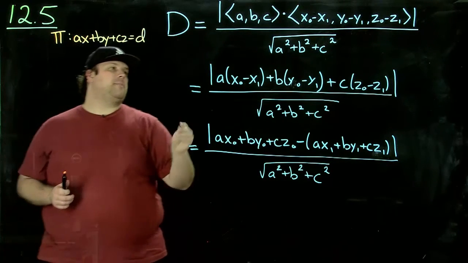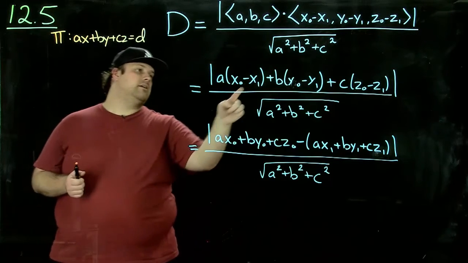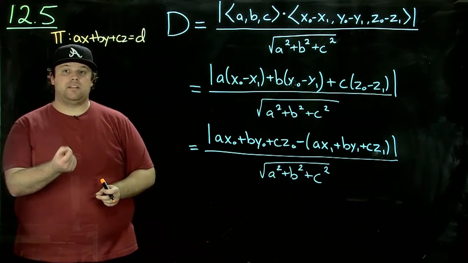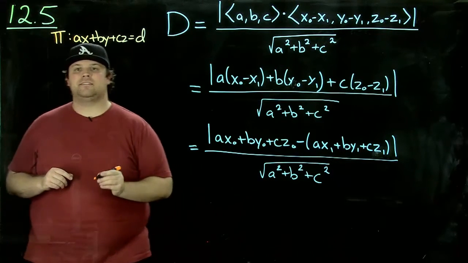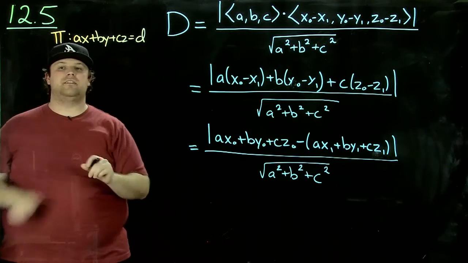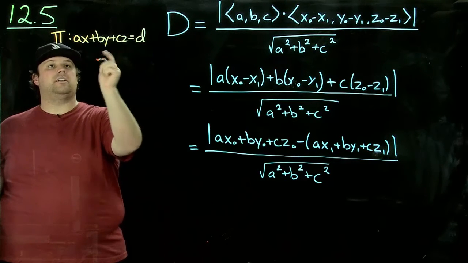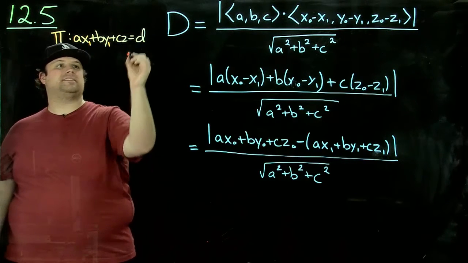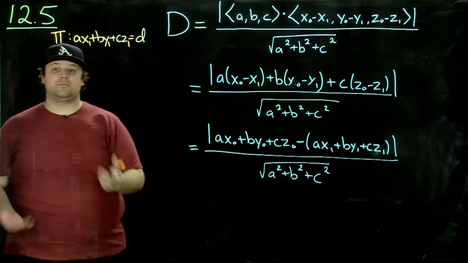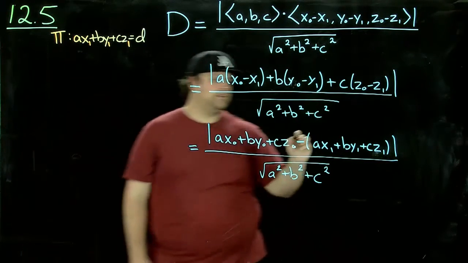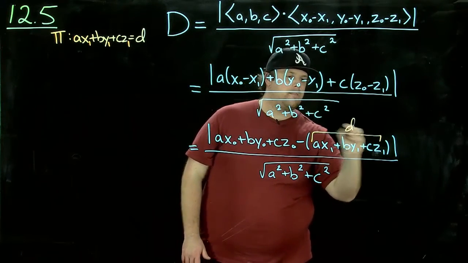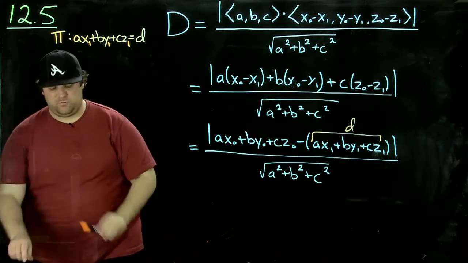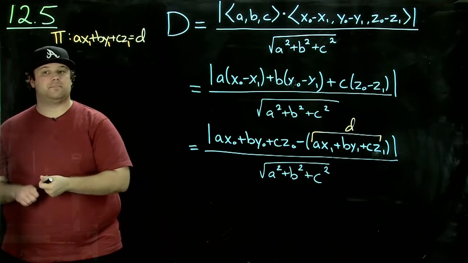And also remember that that point Q, x1, y1, z1, was a point on the plane pi. What that means is that if I plug it into this equation it is true. In other words, a x1 plus b y1 plus c z1 is equal to d. In other words, this stuff here is just d. So that allows me to do one further nice little simplification here.